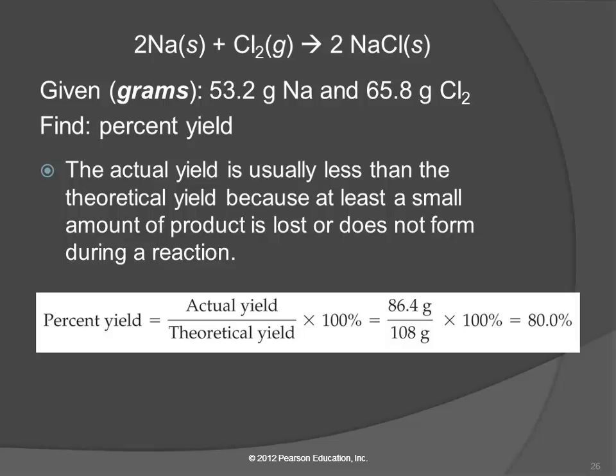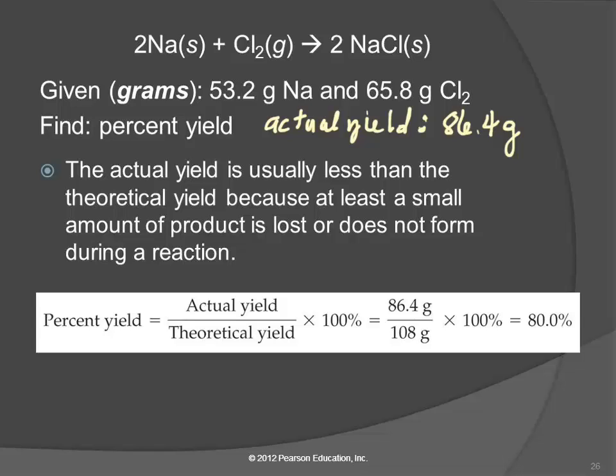There's a piece missing in this question here. It says find the percent yield, but they don't give you the actual yield. They would need to tell you that the actual yield is 86.4. So if they tell you the actual yield is 86.4 grams, they can ask you what's the percent yield.